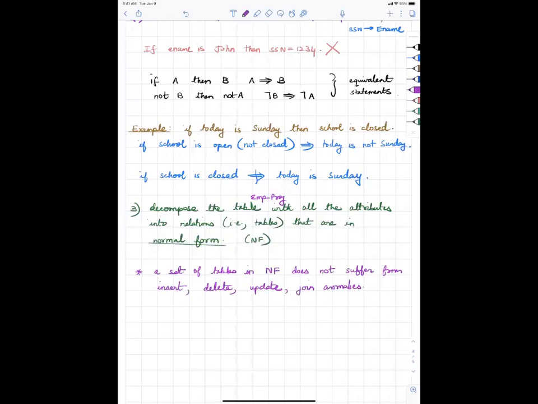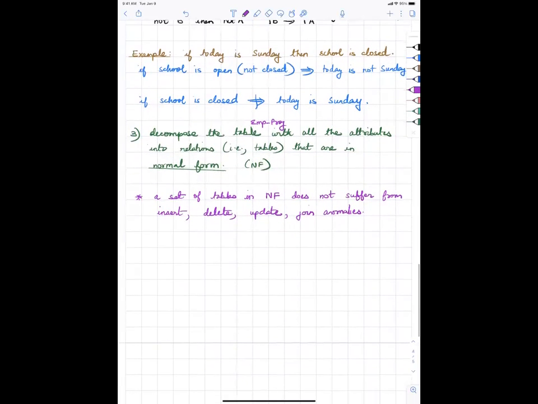So the example I showed you earlier, when I divided employee project into those two tables, R1 and R2, and then I got all those spurious, wrong tuples, the join anomaly, that would never have happened if I had divided the table employee project into two tables that were in normal form.